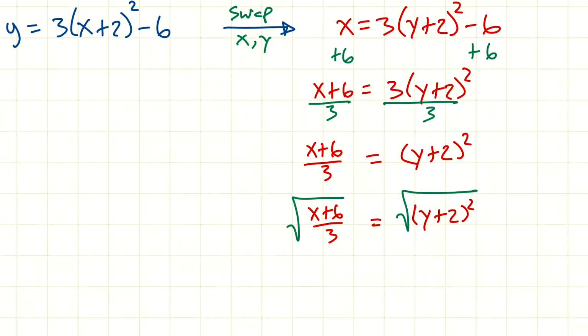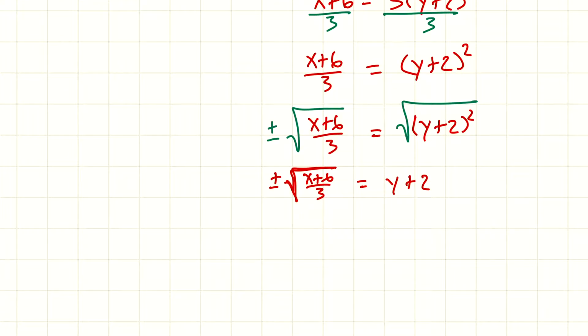And when you take the square roots, don't forget there's going to be a plus or minus. All right, so this leaves us with plus or minus the square root of x plus 6 over 3, right, that square root is on all of that, equals y plus 2.